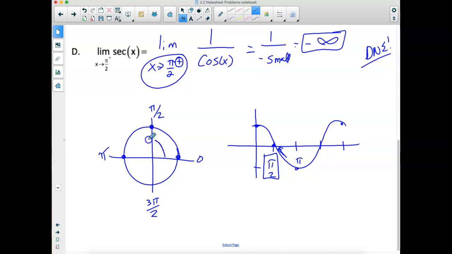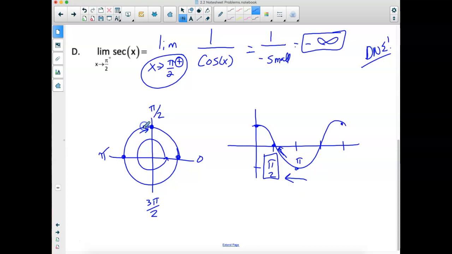Well, we rotate this way, right? So as I'm approaching pi over 2 from the right side, I would actually be approaching it over here, because I'd be past pi over 2, coming back to it from the right, the same way I'm thinking here on the graph.